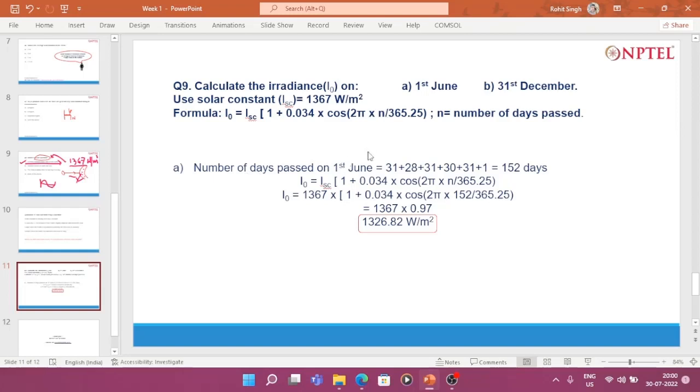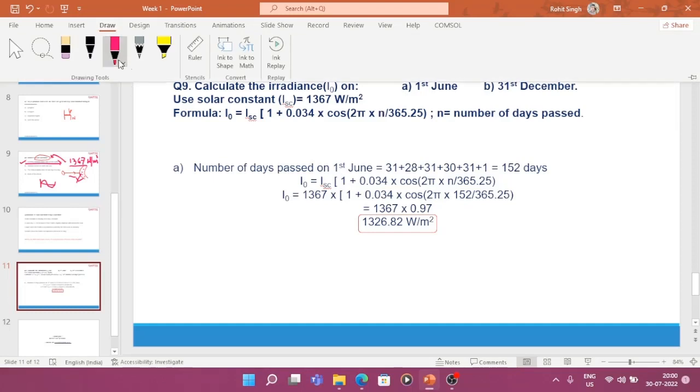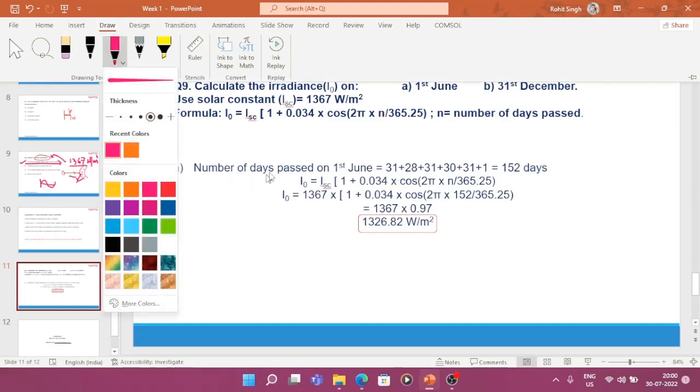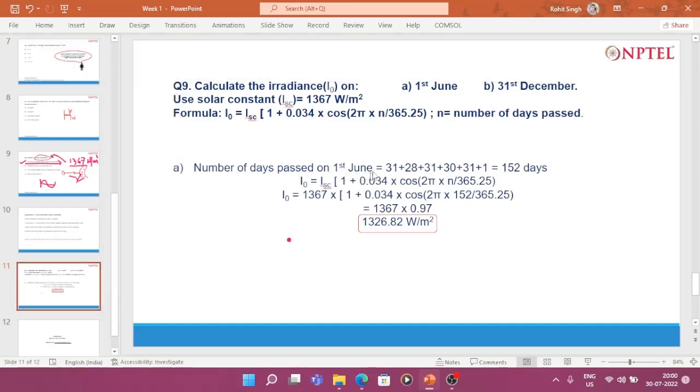Okay, so if you see 1st June, if you count how many days have passed by 1st June: 31 days for January, 28 days for February, 31 days for March, 30 days for April, 31 days for May, and on 1st June 1 day.